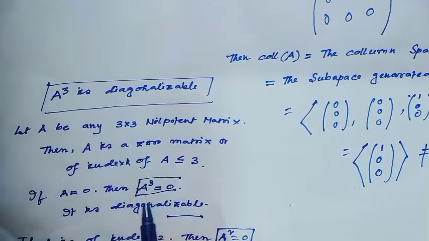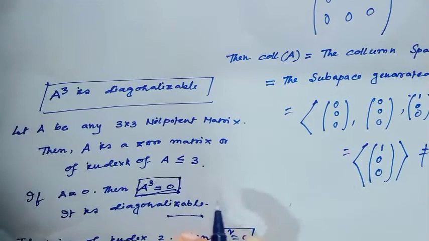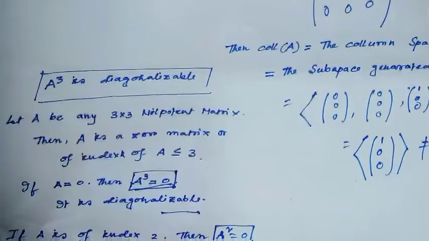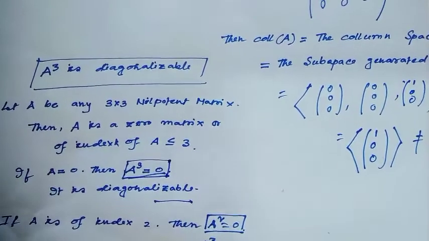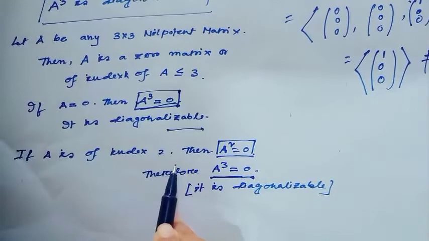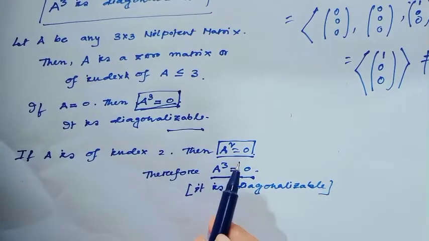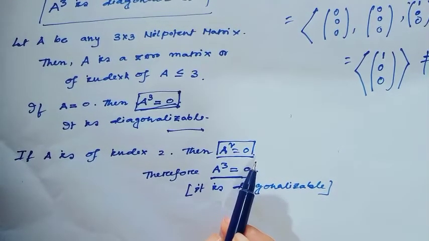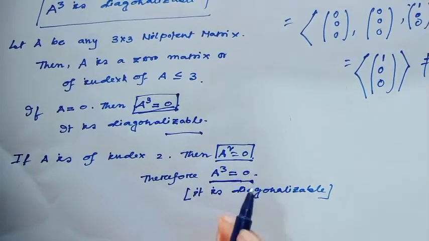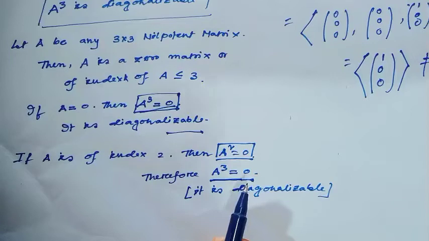Since here A cube equal to 0 matrix, obviously it is diagonalizable. Now consider matrix A is of index 2, and since A is of index 2, that implies A square equal to 0, and since A square equal to 0, that means obviously A cube equal to 0.